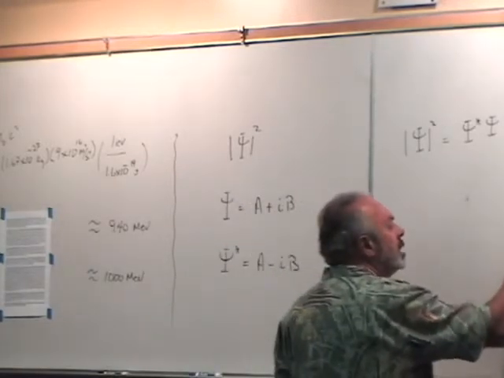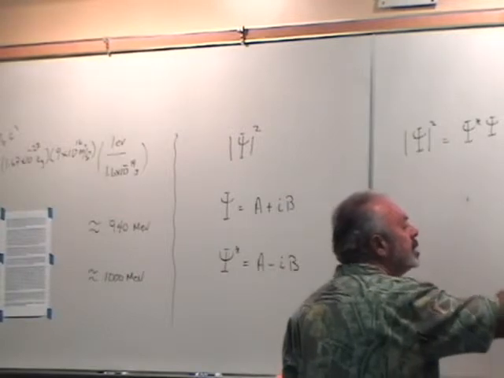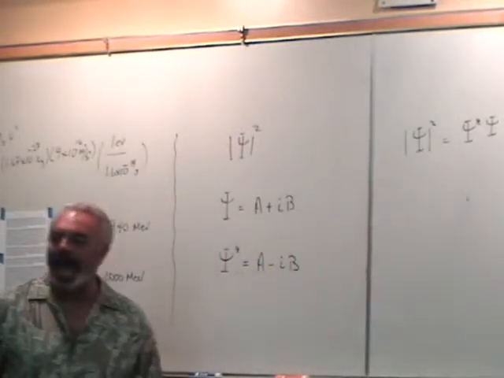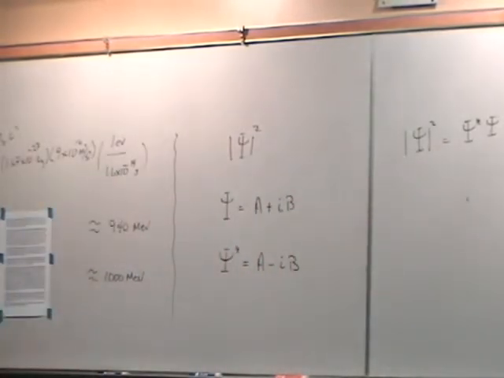So we get A squared plus B squared. So when you conjugate a complex number, and then multiply the conjugate times the number itself, you will always get a real and positive answer. So things are a little bit different now that we're allowing these things to get complex, and we have to do the conjugated part.